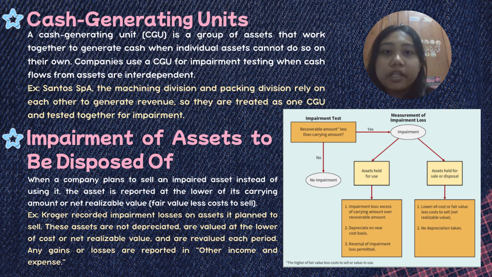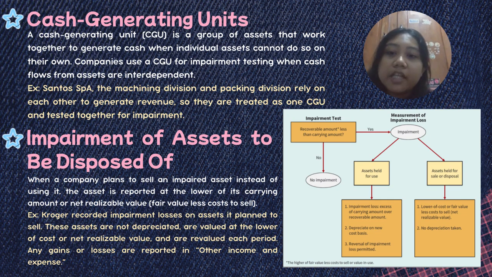The next material is the last material of impairment, which is impairment of assets to be disposed of. This happens when a company plans to sell an impaired asset. Instead of using it, the asset is reported at the lower of its carrying amount or net realizable value, or fair value less cost to sell.